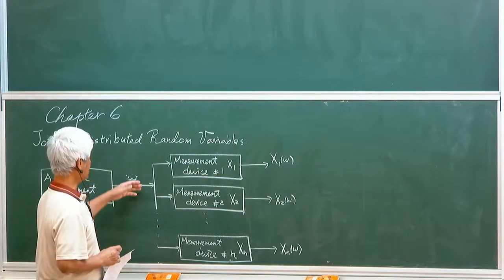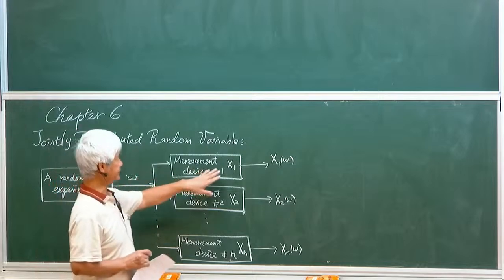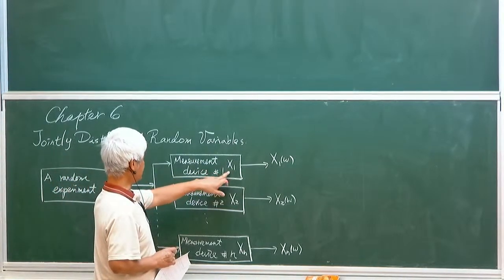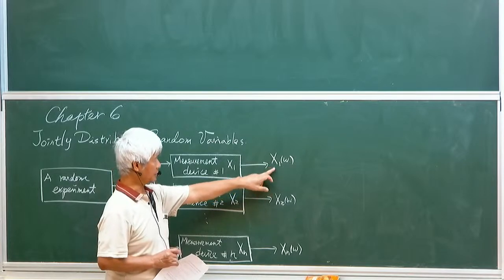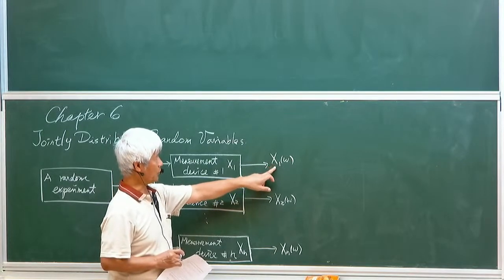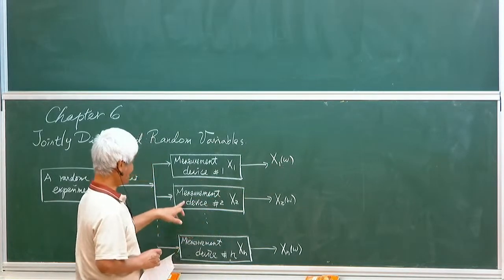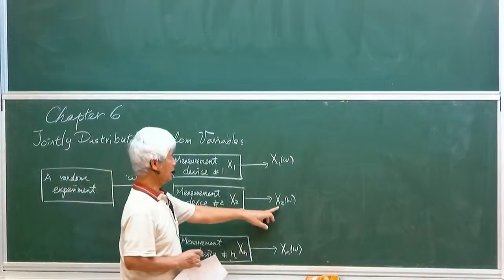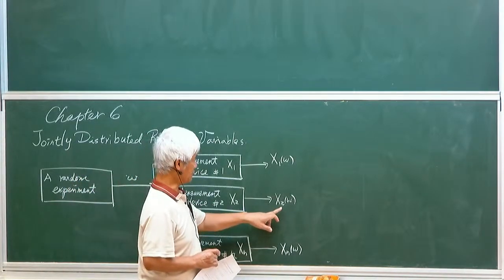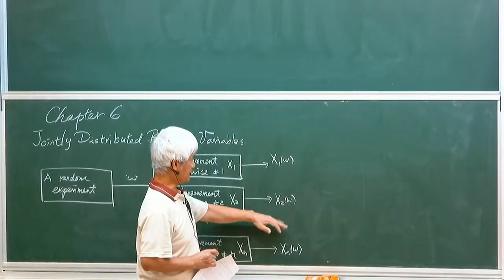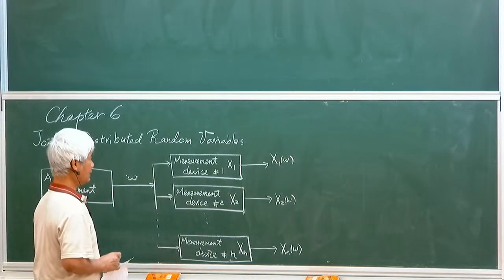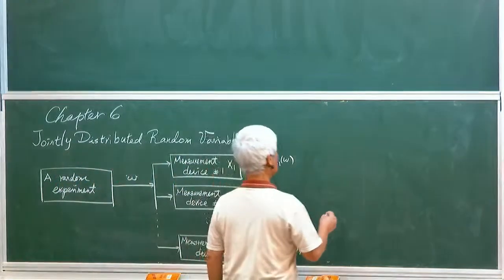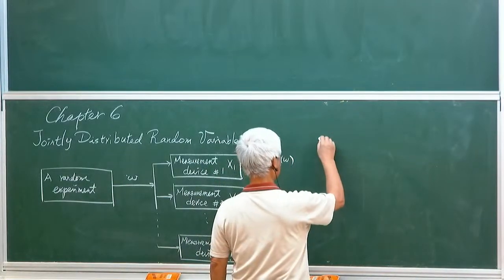All right, and so for each outcome, for the first measurement device, we have a measurement result x sub 1 of omega, and for the second measurement device, we have the second measurement result x2 of omega, etc.